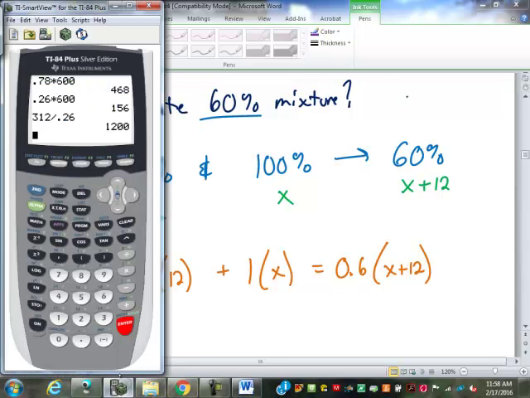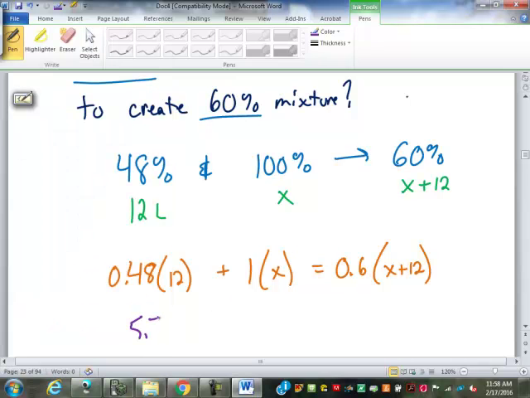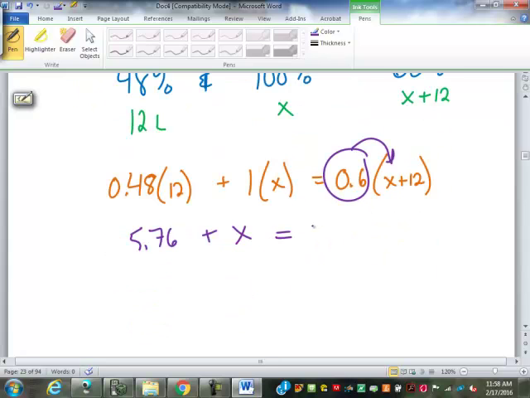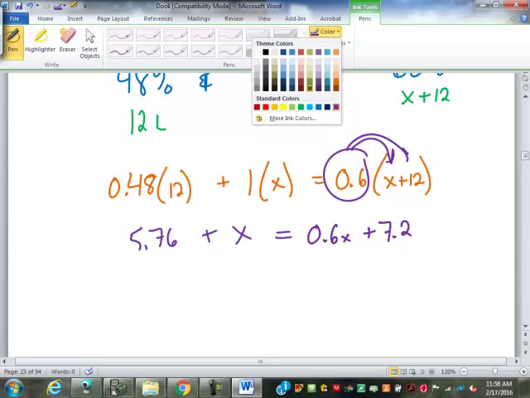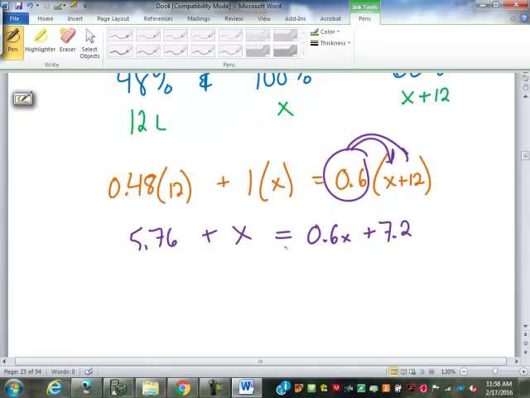0.48 times 12 is 5.76. Plus 1 times X is just going to be X. Over here we're going to distribute. 0.6 times X is 0.6X. And 0.6 times 12 is 7.2. Now we can go ahead and get rid of one of our X's. Remember, this is a 1X. So the 0.6 is the smaller one. I'll subtract it. So over here I have the 5.76. 1 minus 0.6X is 0.4X equals 7.2.